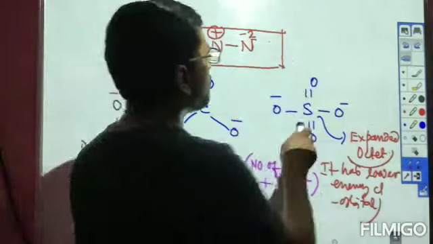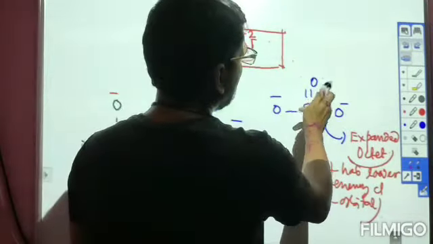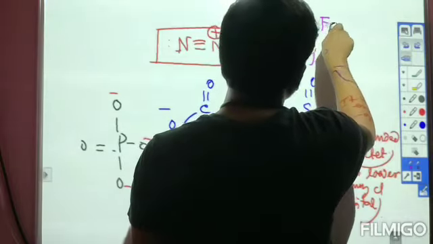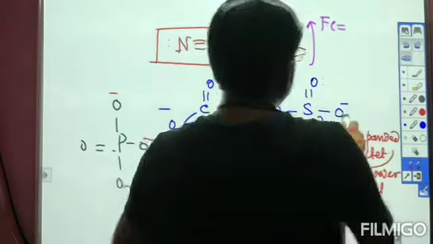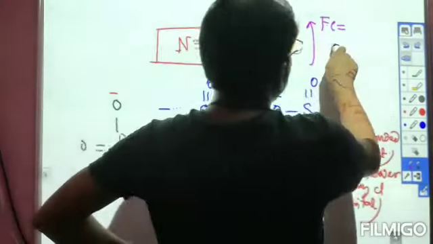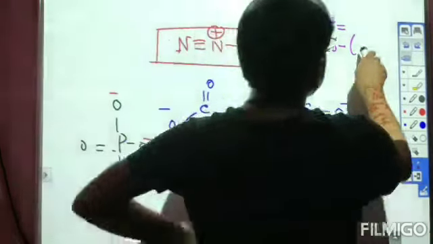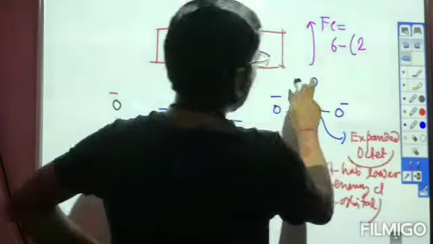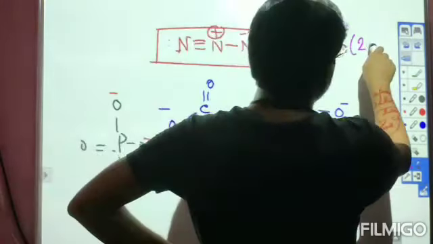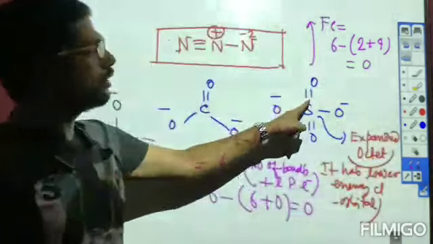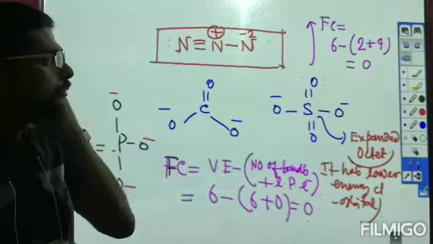How about this oxygen? Oxygen has 2 lone pairs of electron. So on this oxygen, formal charge is basically valence electron 6 minus number of bonds 2, minus lone pair of electron, 2 pairs so 4. So 0. There won't be any formal charge on this oxygen atom.